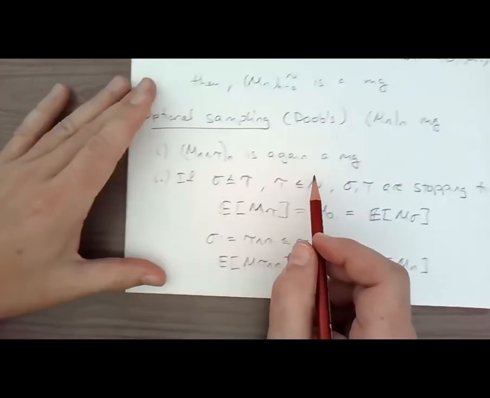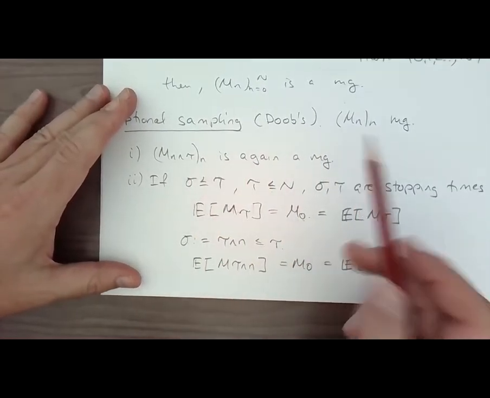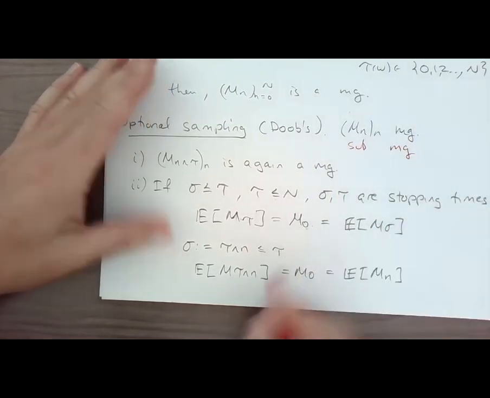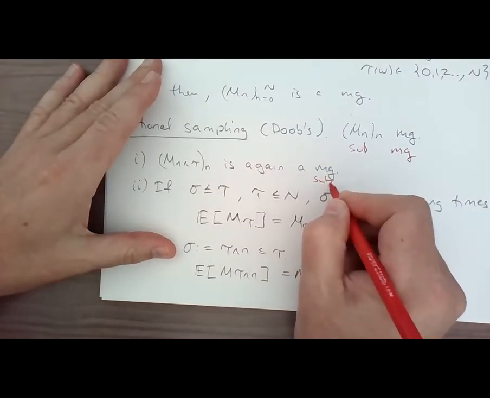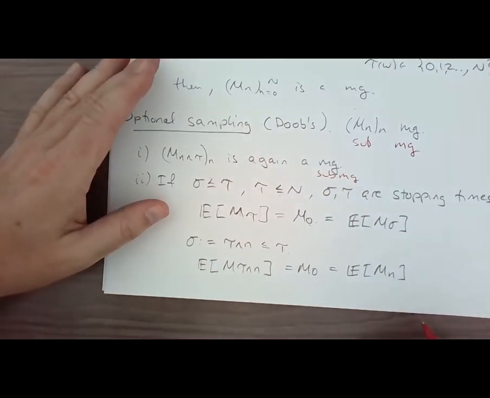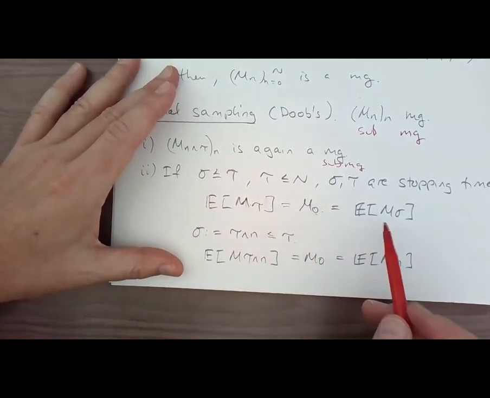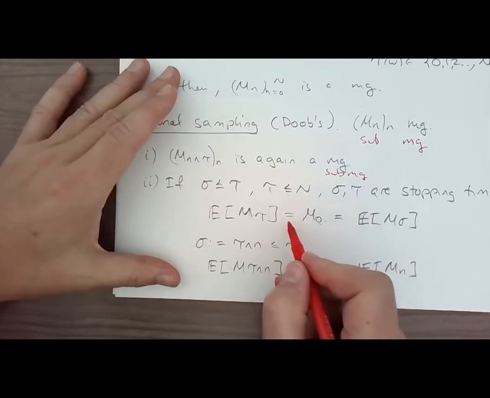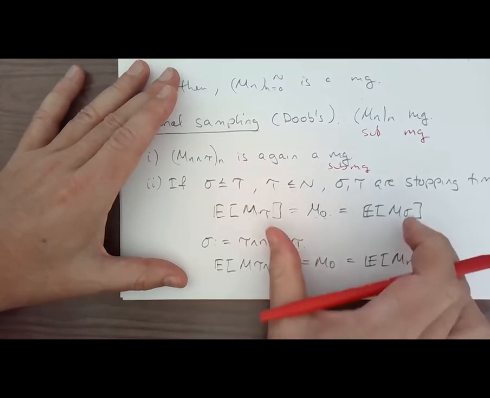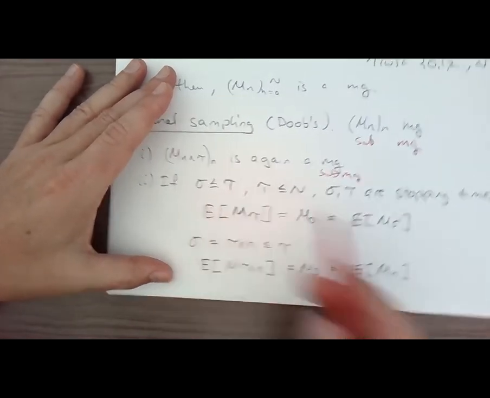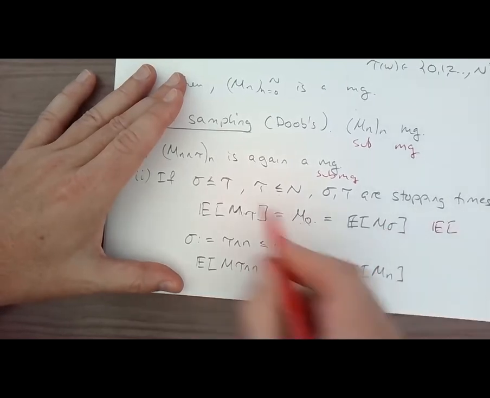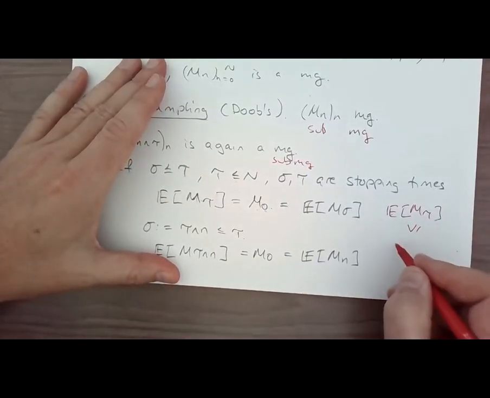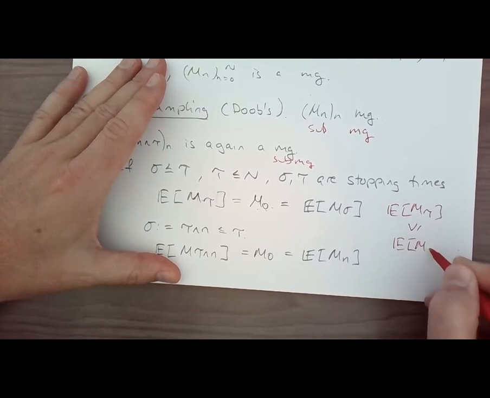So there are these variations here. You take a martingale, you could also take a submartingale. If you take a submartingale, then the stopped process is again a submartingale. For submartingales, you have increasing expectations. So you would then have that this one here would be bigger than or equal to M0. And then you could link them, because if you have a submartingale, you have a tendency to increase, so the expectation at the bigger time would be bigger than E of M sigma.